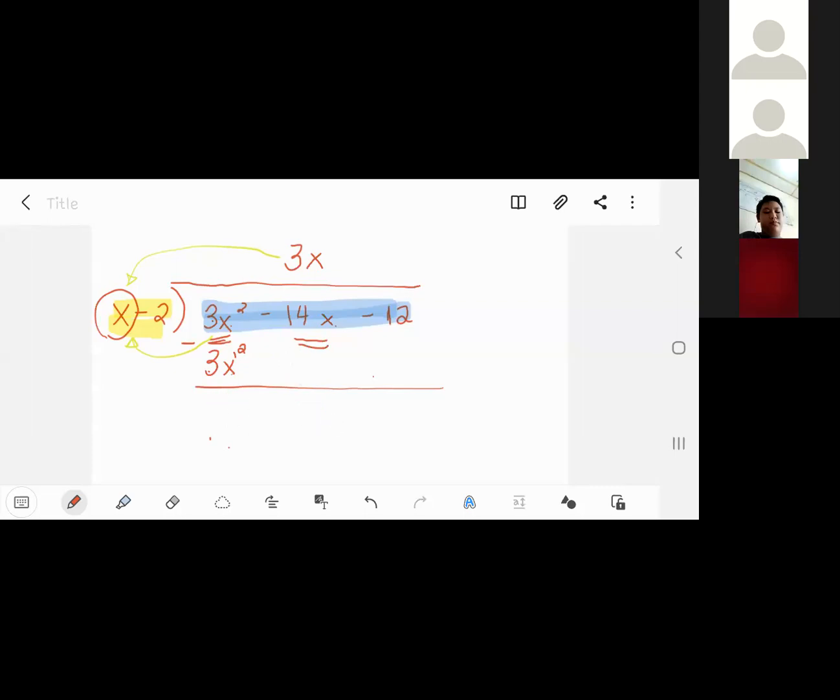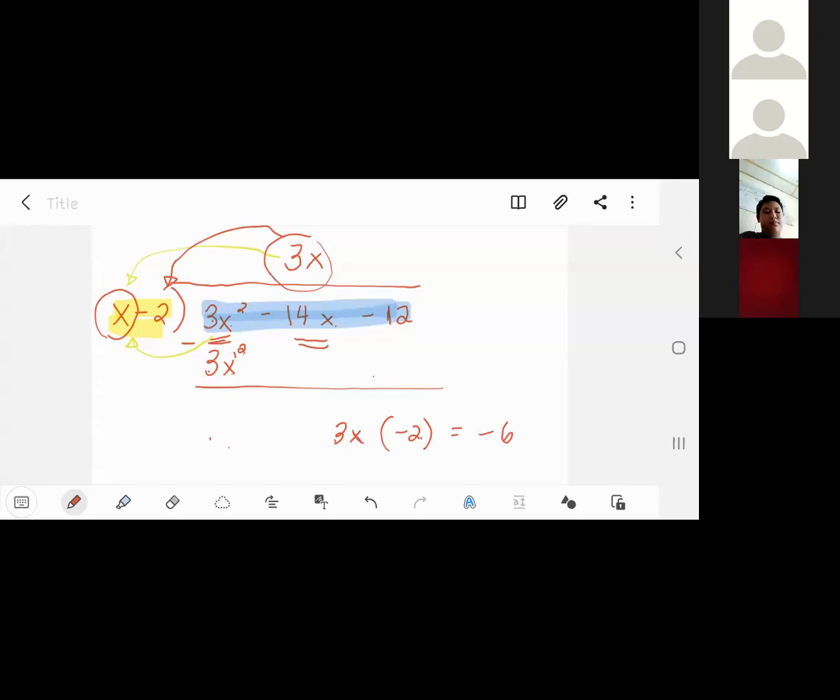Okay, sorry. Again, 3x times x, that is 3x squared. Then, you multiply 3x to negative 2. How much? 3x times negative 2. Negative 2 times 3, that is negative 6.